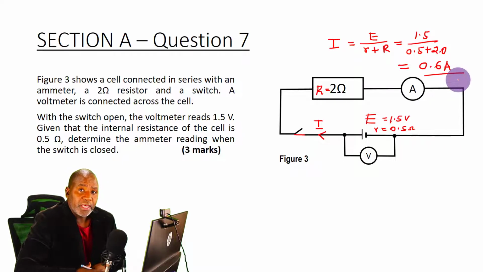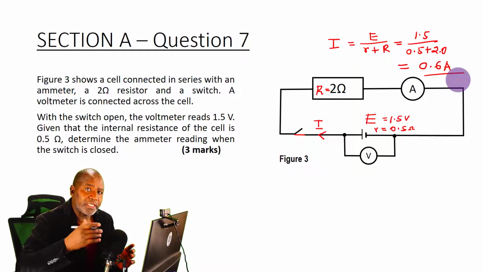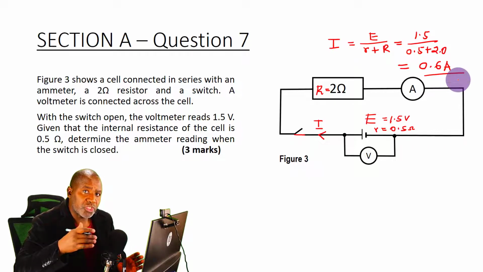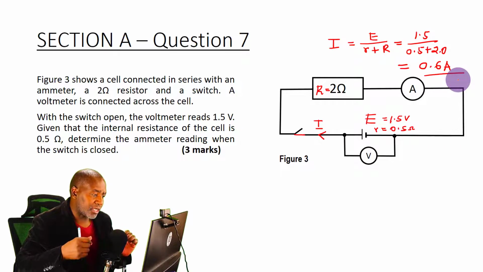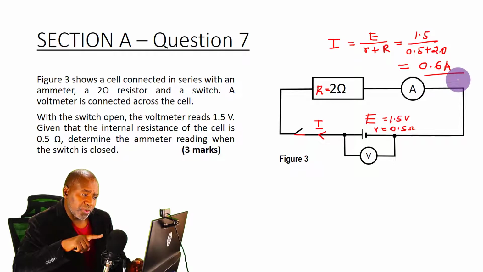So the trick here is to recall how you calculate current when you are dealing with a cell with a given internal resistance. The other trick they have used here is to describe how the EMF of the cell is measured. Remember, when the switch is open, the voltmeter reads the EMF of the cell.